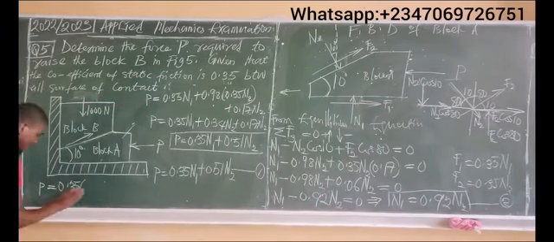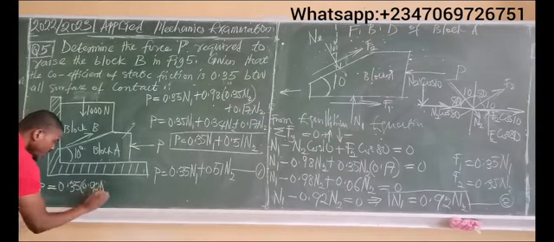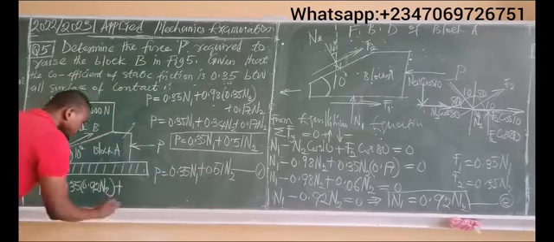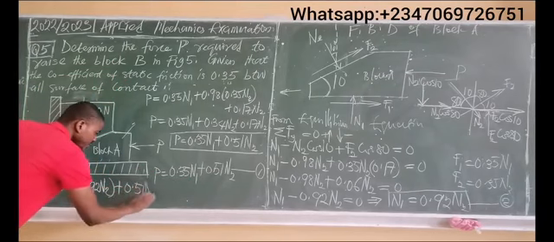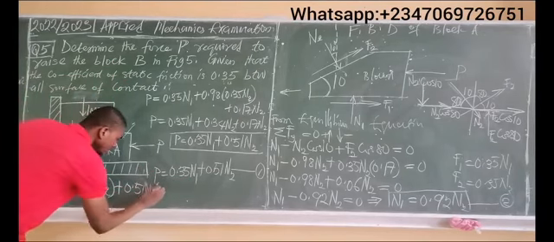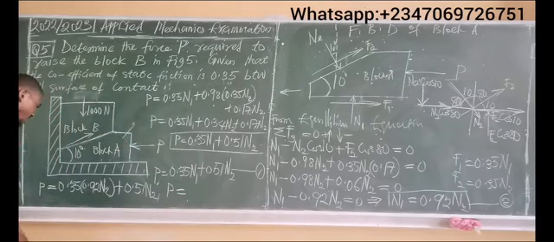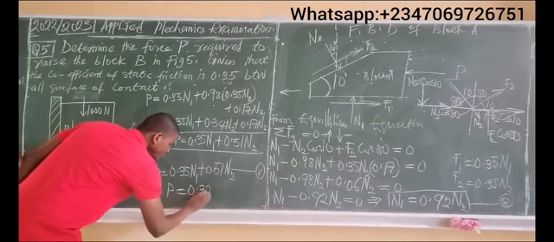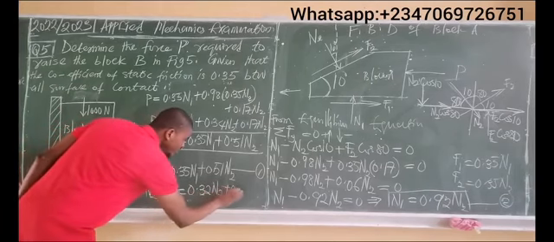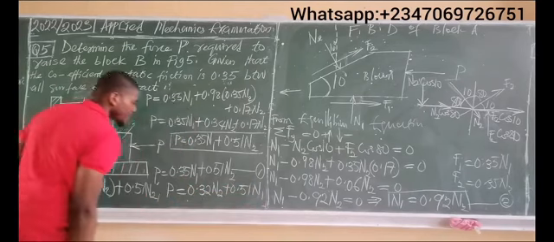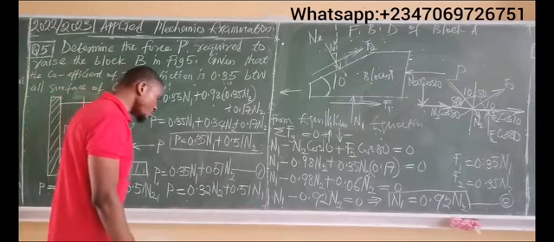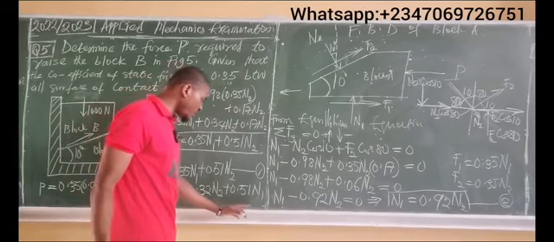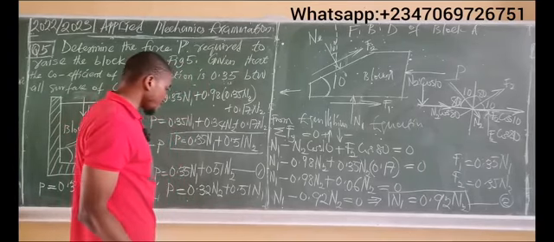In place of N1, we have 0.92 N2, plus you have here 0.51 N2. So let's evaluate. This gives us P equal to 0.35 multiplied by 0.92, which is 0.32 N2, plus 0.51 N2. Adding 0.32 plus 0.51, P becomes 0.83 N2.